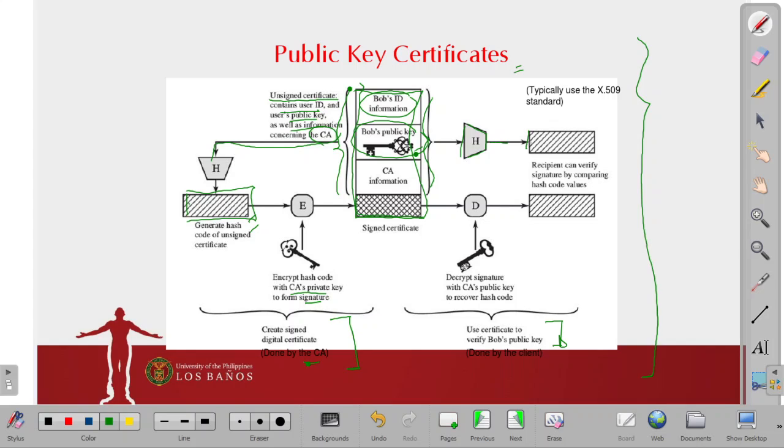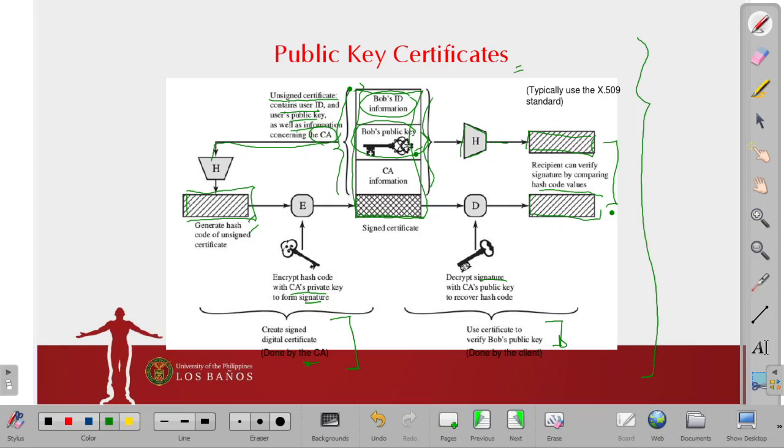So we have this block of data, and then the verifier would decrypt the attached signature to get the hash of the data, and then it can be compared, and thus the verifier can know whether this public key is indeed authentic.